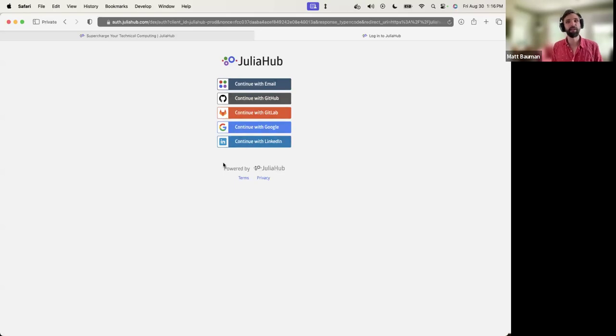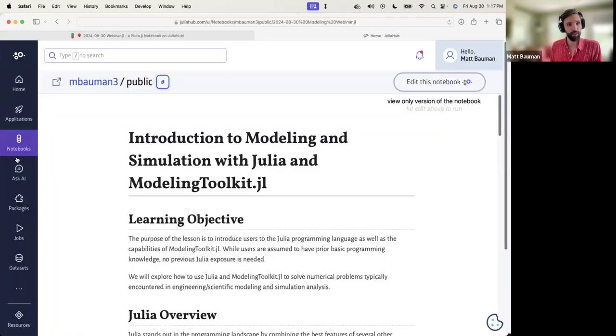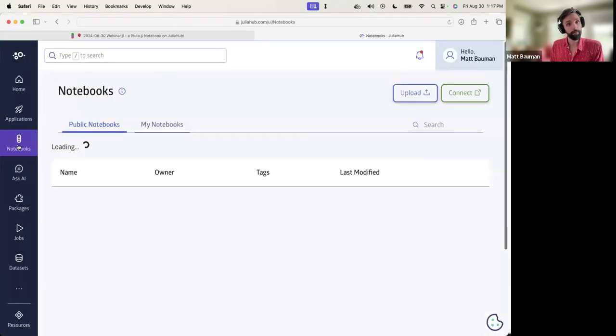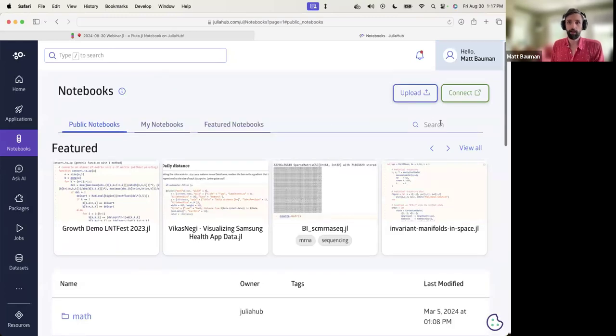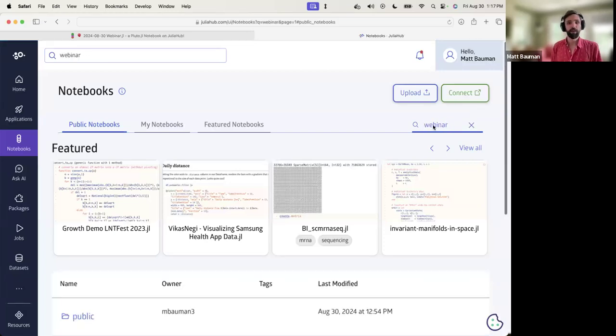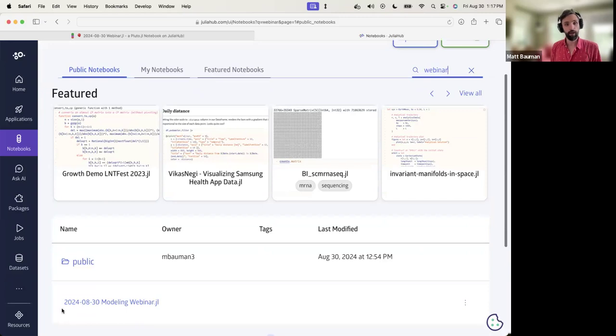We just use your email to associate the account with you, and then you can go to the notebook section on the left here. By clicking in this search bar for notebooks for webinar, you'll find I have a public folder with today's date and the modeling webinar. That's how you can access this, but it will take a few minutes if you've never done this before to precompile all those packages.